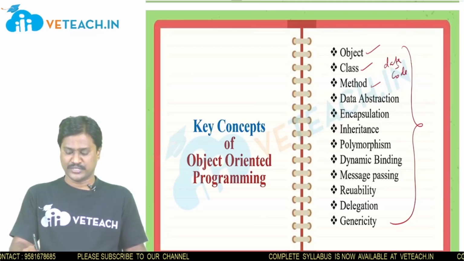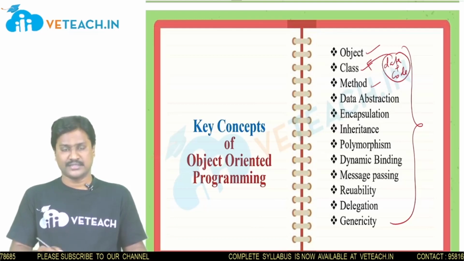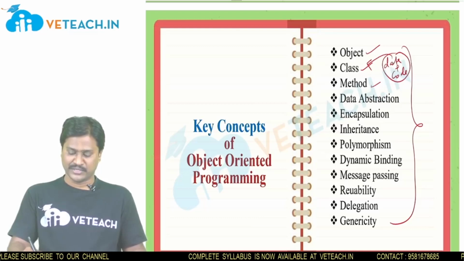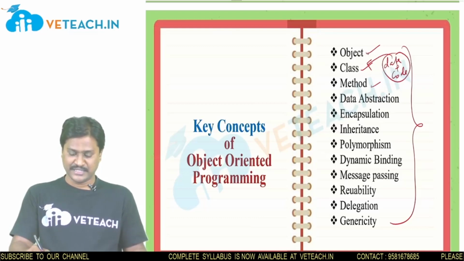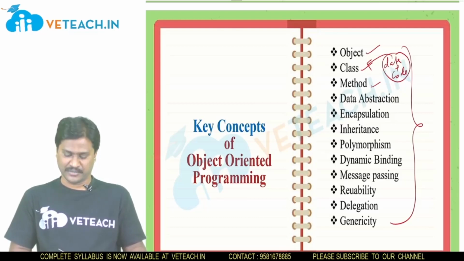Data plus code can both be organized in a class, and a method is a function, which is code, applying on data for processing. And the object holds these data members for processing.